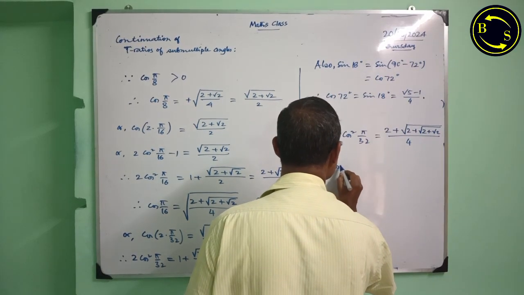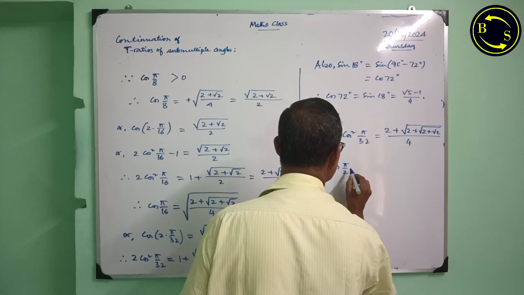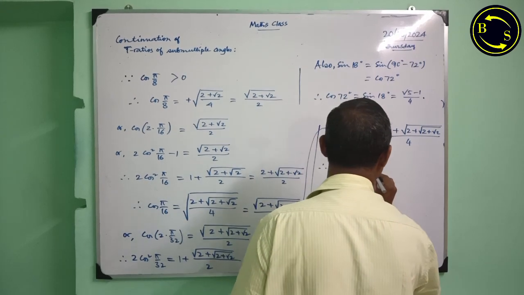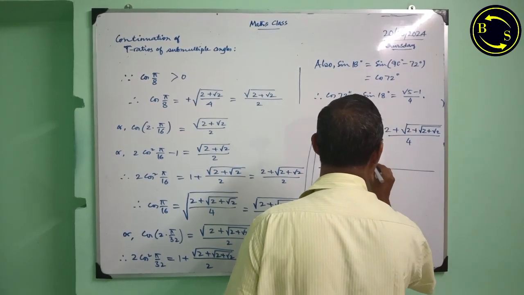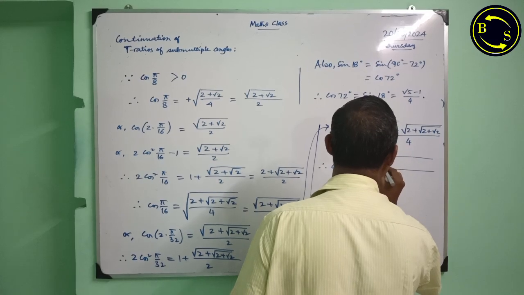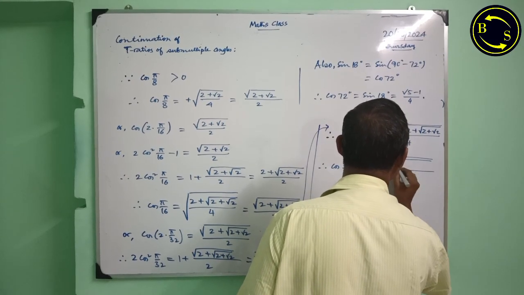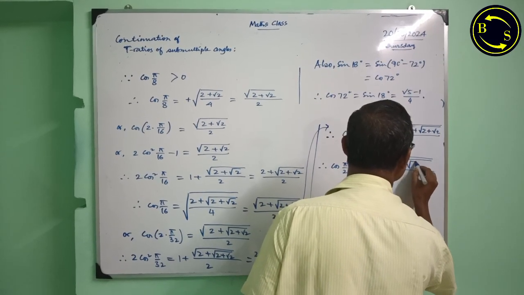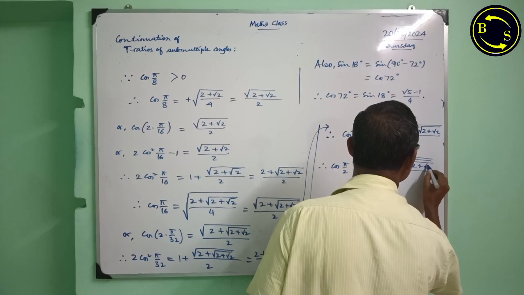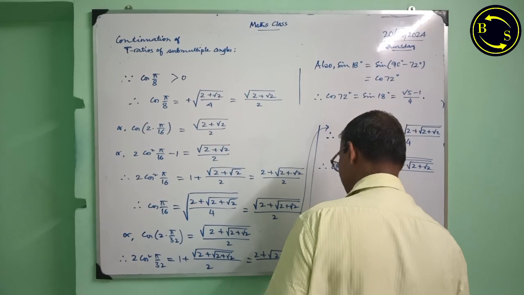Therefore cos pi by 32 will be equal to square root of 2 plus square root of 2 plus square root of 2 plus root 2 by 2.